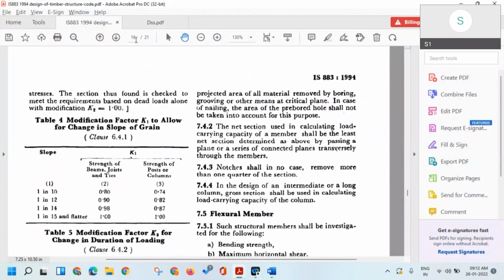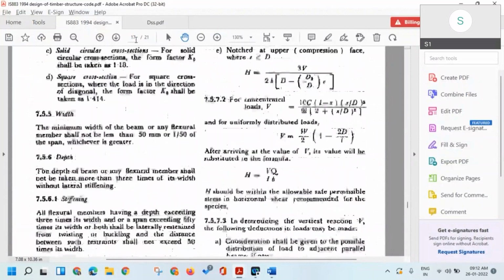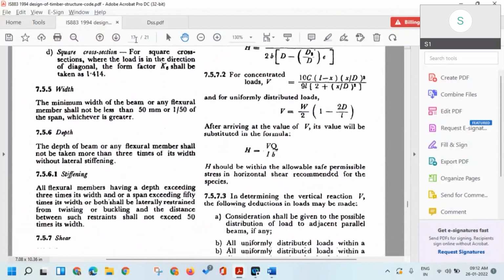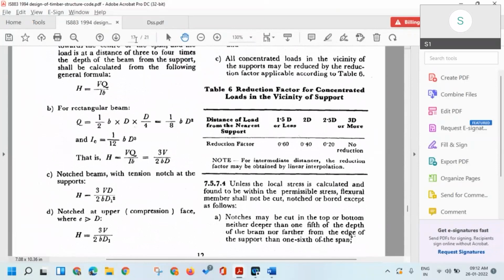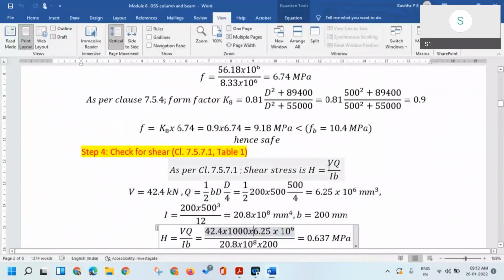Moving to 7.5.7.1, here you can see the equation for bending shear stress, VQ by IB, where Q is half of B into D by 4, and I is BD cube by 12.